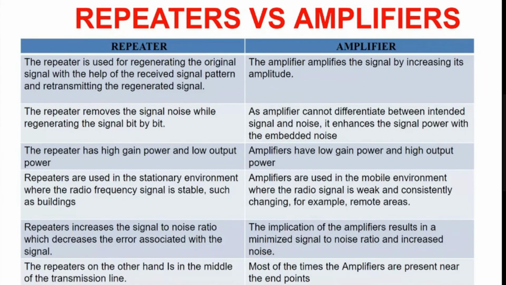Then the next thing: repeaters are placed in the middle of the transmission line, but most amplifiers are present near the end points. This is also an important point. Because, as I already told you, repeaters connect in the middle, every 50 meters or every 100 meters you can fix a repeater. But amplifiers are fixed at the near end or the destination point.